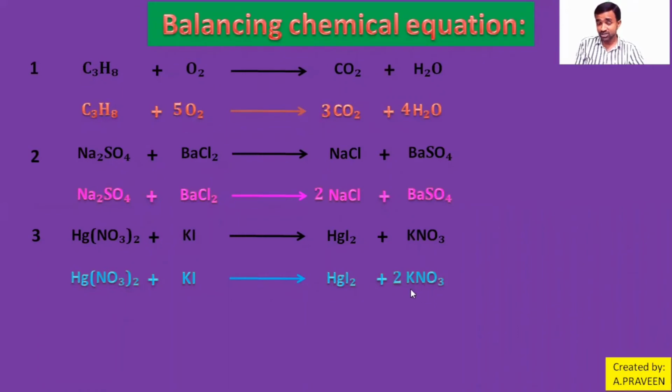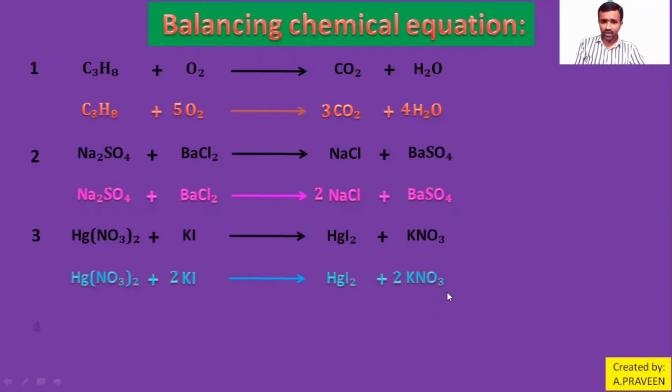But here the potassium count has changed. It became double, and the LHS side has only a single. So 2 is the coefficient before potassium iodide. When you put 2 as a coefficient before potassium iodide, the potassium count is also corrected. Then the count of iodine is disturbed here. It became double. Then automatically check the right side. It is also double. So no need to worry about that one. It is balanced. So this equation balancing is completed.